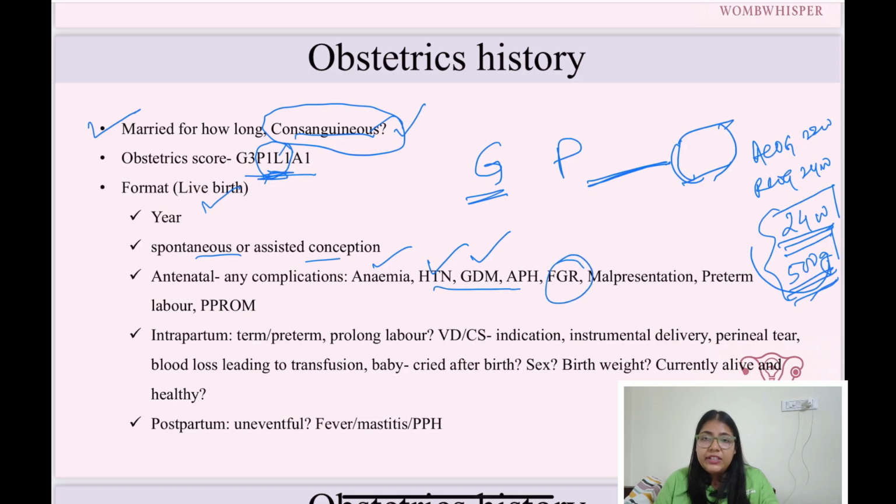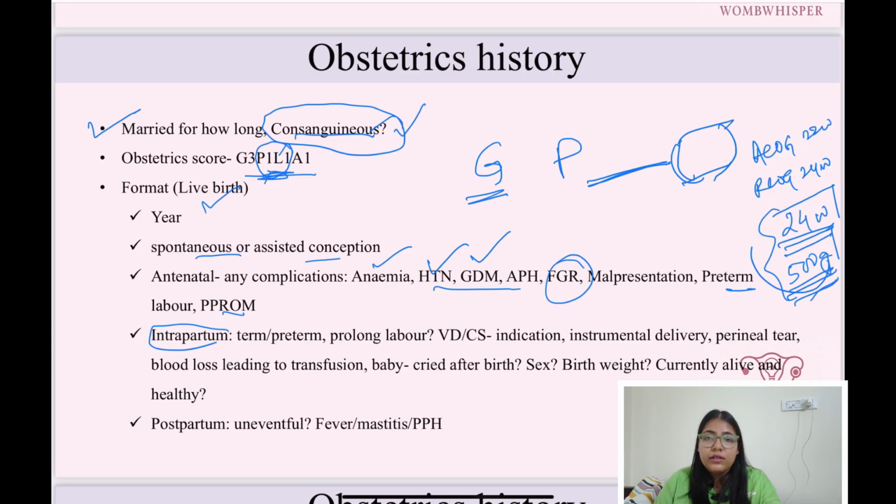If she had any FGR or malpresentation, preterm labor or PPROM, whether her intrapartum period was eventful or uneventful, what was the type of delivery, normal delivery or cesarean section, how was her labor, prolonged or precipitate. You may ask the patient for how long she was in labor. If cesarean was done, what was the indication?